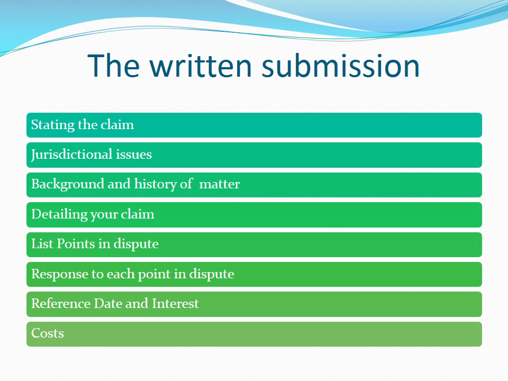These include stating the claim, dealing with any jurisdictional issues, giving the background and history of the matter, detailing your claim, listing points in dispute, responding to each point in dispute, advising your calculation of the reference date and any submission on interest, and dealing with costs. We will now look at each section of the submission in turn.